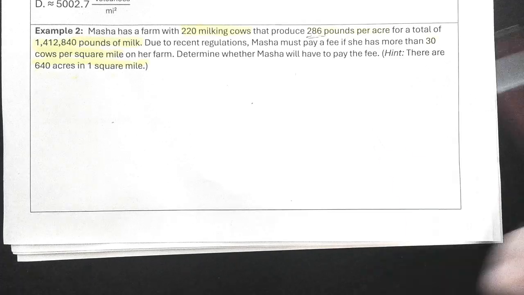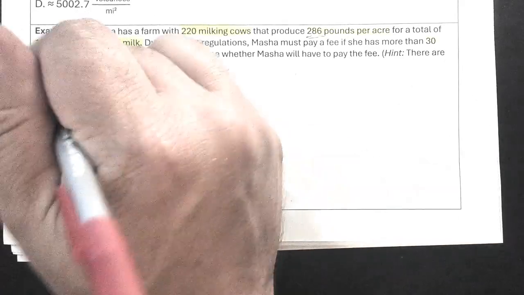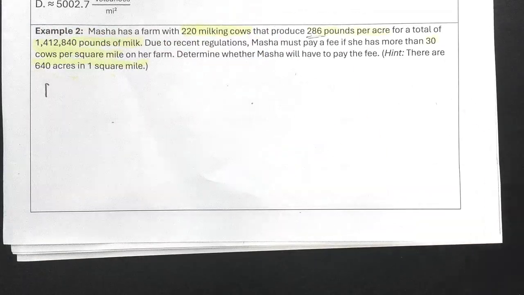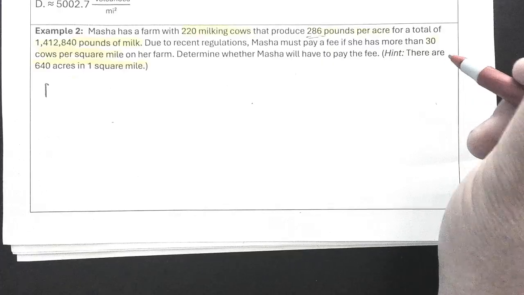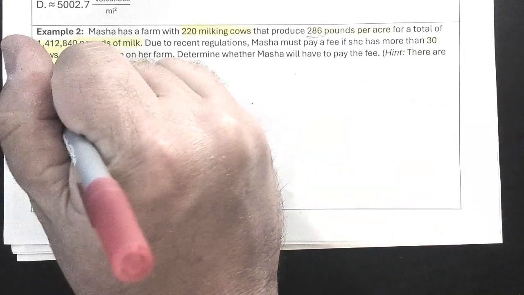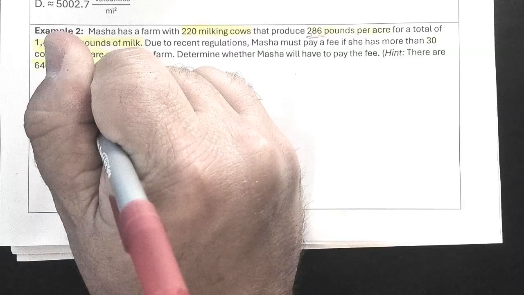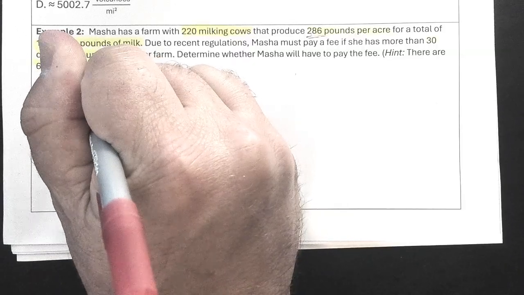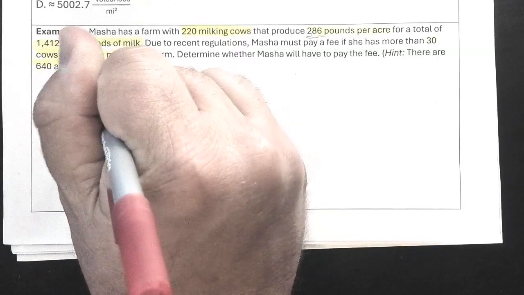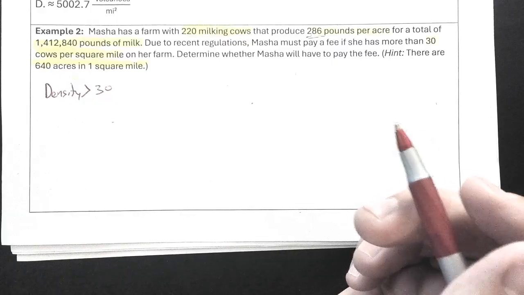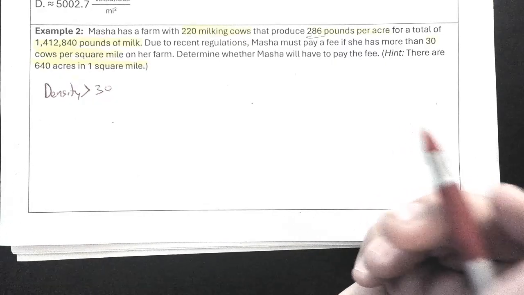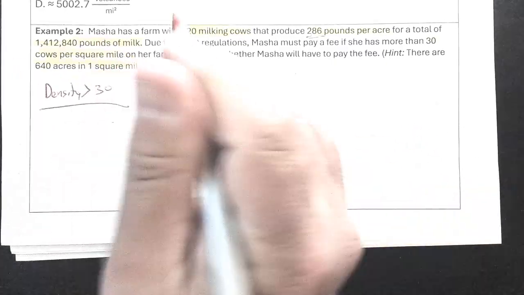All right. So first off, we need to know if the density is greater than 30. So that tells us if there's a fee or not. Okay.